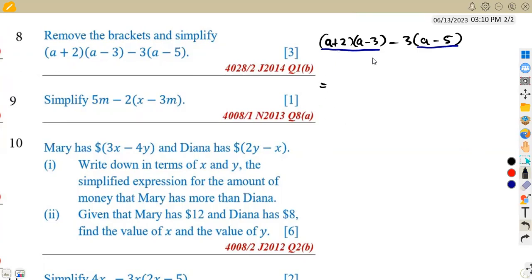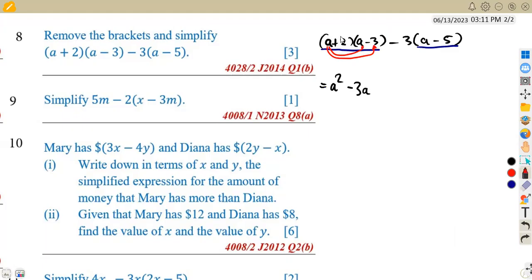The first part, we can easily apply the same concept. We said a here is going to multiply with a. So a times a, that will be a squared. Then a and negative 3. So that will be negative 3a. Done with a. So a multiplies every part of the second bracket. So up to this part, that is where we are ending. All right.